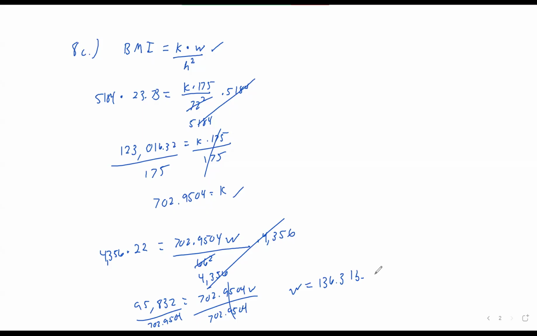Okay, so that's how much they need to be. So if I go back and I look at the original weight, she originally weighed 140 pounds. So therefore, she would need to lose, was that 3.7 pounds? So she needs to lose 3.7 pounds to get a BMI of 22.